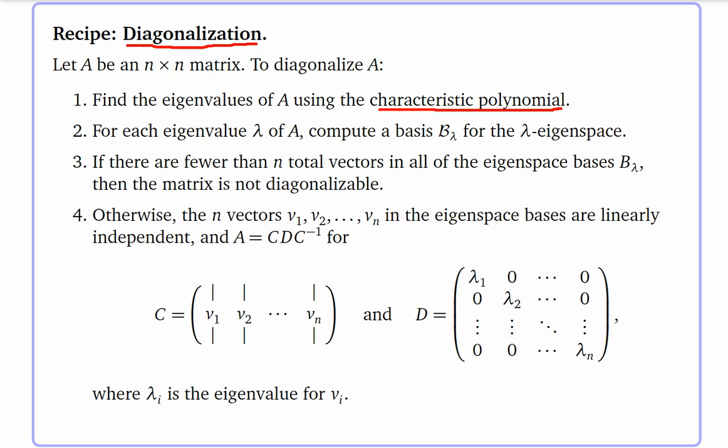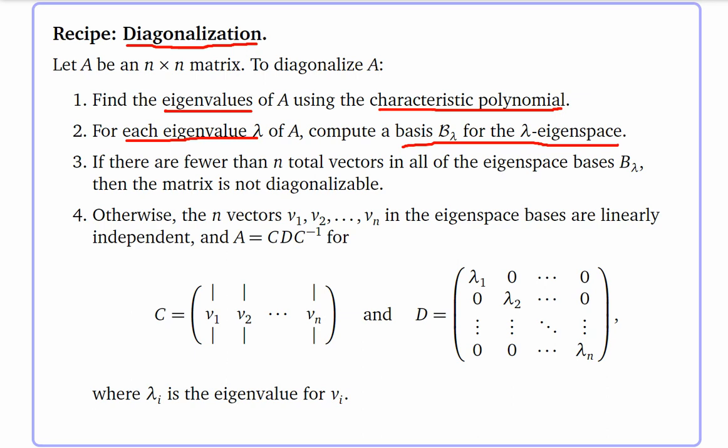How? By taking the determinant of A minus lambda I. When you solve that out algebraically and set it equal to 0 and factor, you find all the eigenvalues. Then for each eigenvalue, you calculate a basis for the eigenspace, which is the null space of the matrix A minus lambda I for that particular lambda.